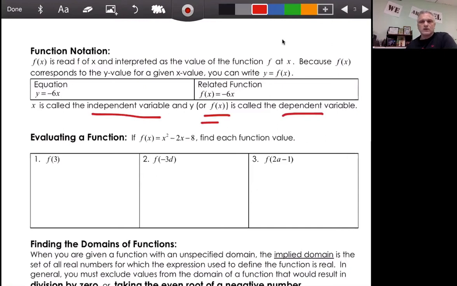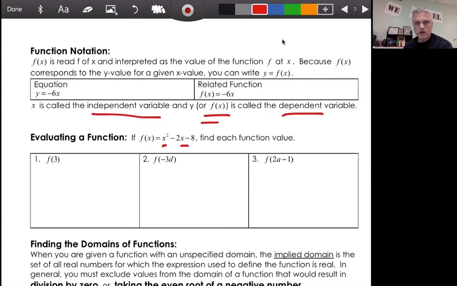Evaluating a function. Now let's just do some pre-algebra stuff, by substituting values in for x. So now instead of f of x, we're going to find out what f of 3 is. And you did this in Algebra 2, I know, but we're going to have a lot of review. So f of x is x squared minus 2 times x minus 8.